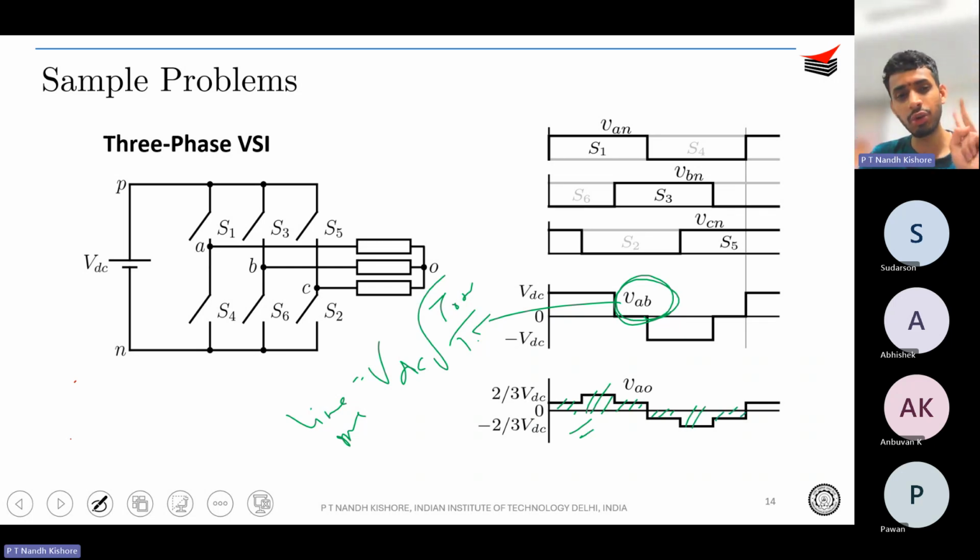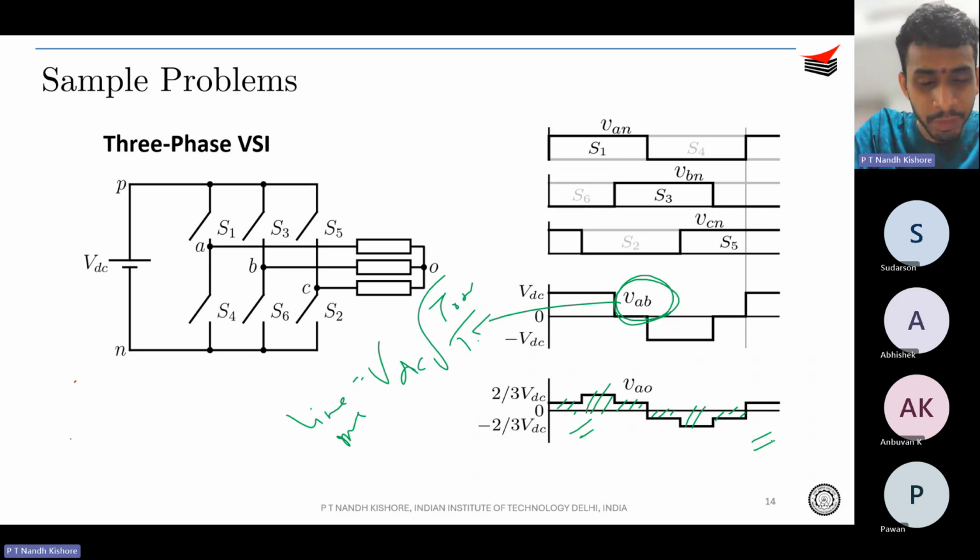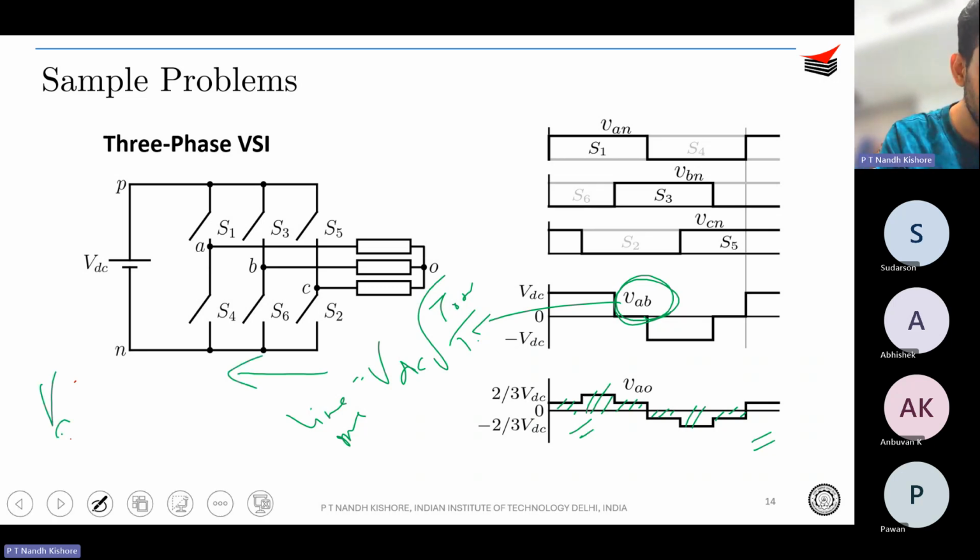There are two ways of going about it. One is that you just go on calculating the RMS before you even touch the problem. Simply, you know that the line is going to be V amplitude into root over 2 by 3, root over 240 by 360.